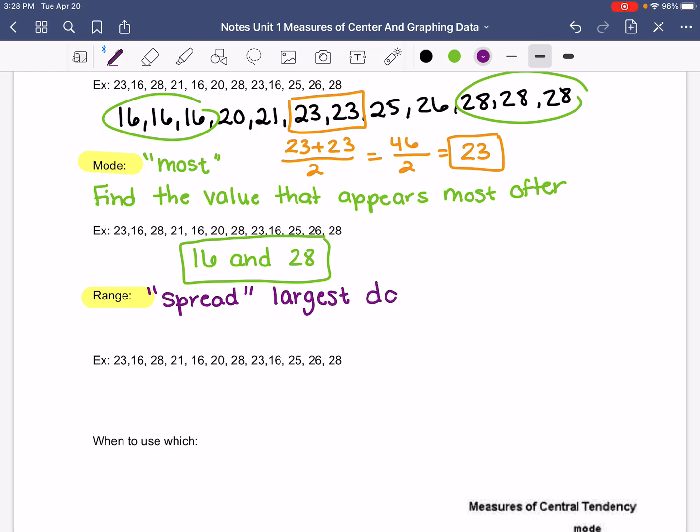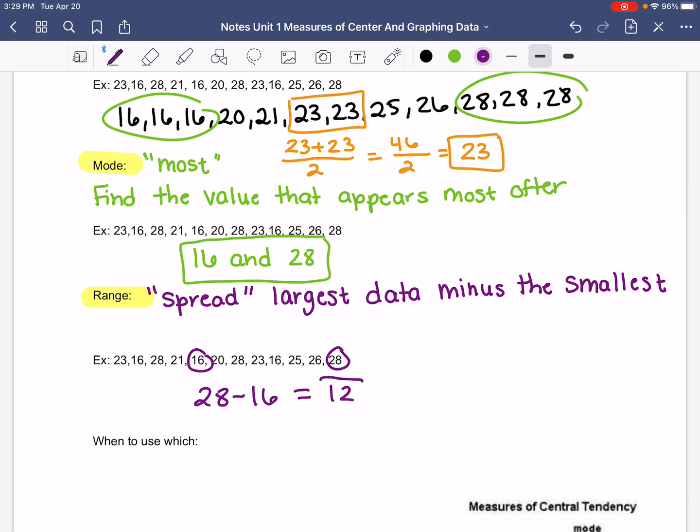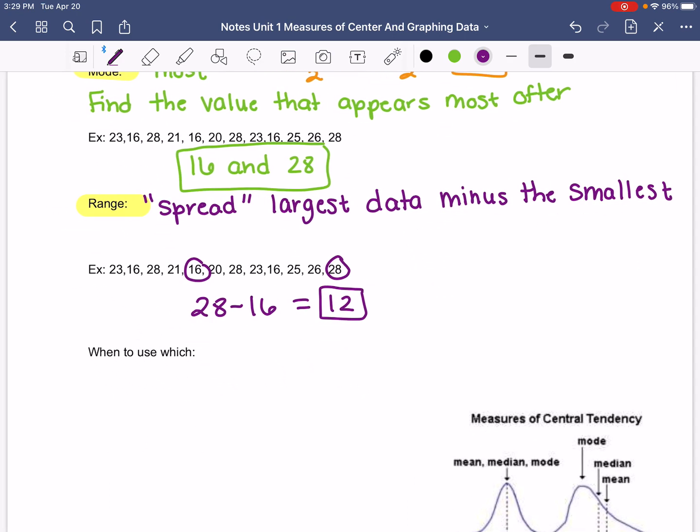Largest data minus the smallest. So our biggest number was 28, our smallest number was 16, so you just subtract 28 minus 16, and that's 12. So the smaller your spread, the more reliable your data is. The bigger the spread, the kind of less reliable you could say it is.